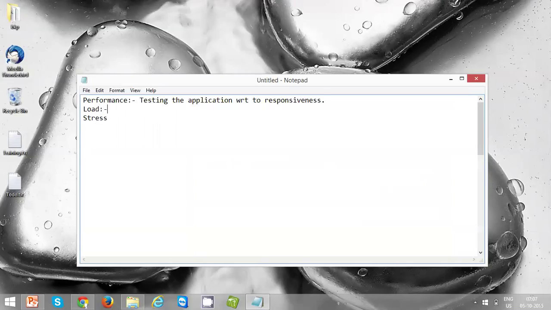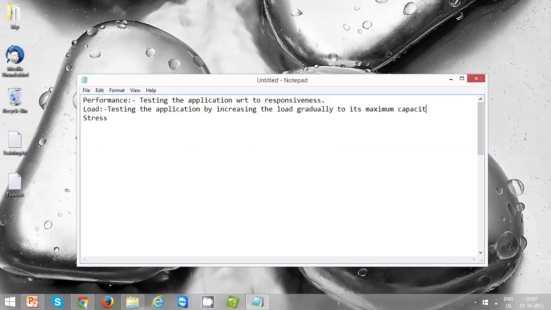So when it comes to load testing, you will be testing the application by increasing the load gradually up to its maximum capacity. Who will be giving the maximum capacity?